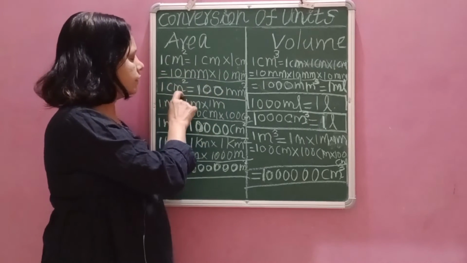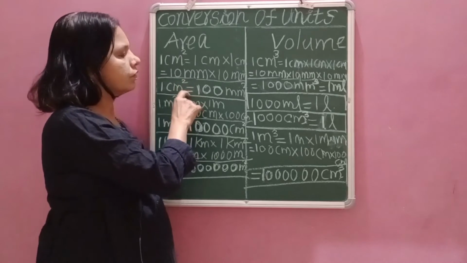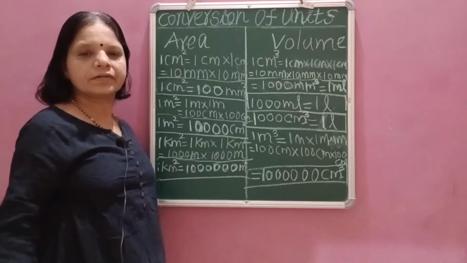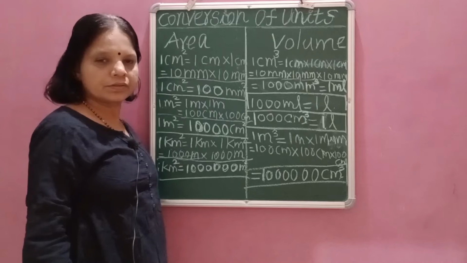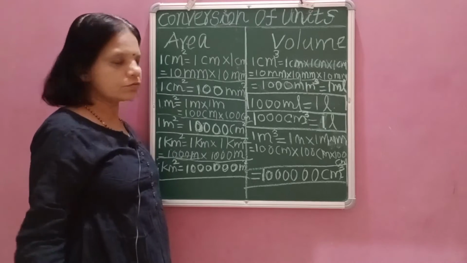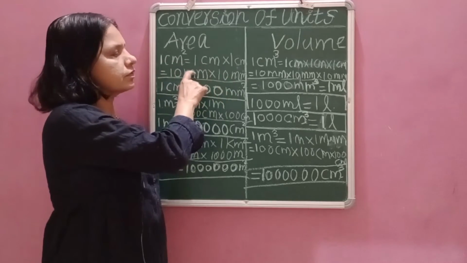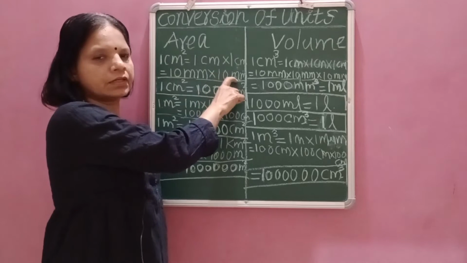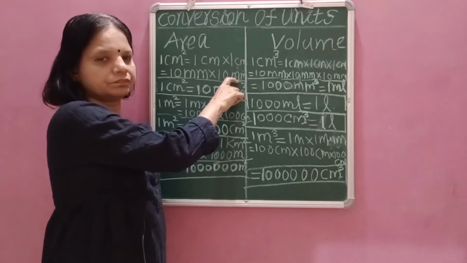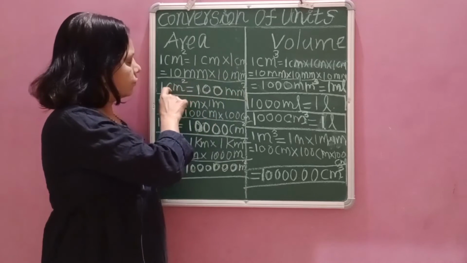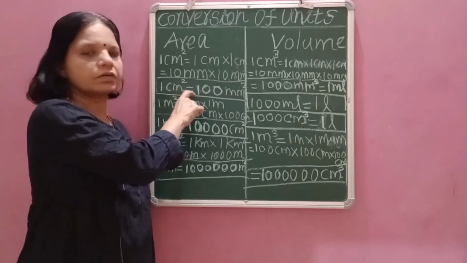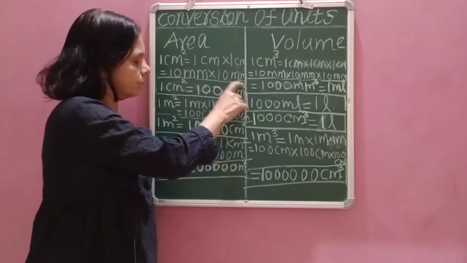So 1 centimeter square is equal to 100 millimeter square. Clear? How it is obtained? From the repeated multiplication of the unit.